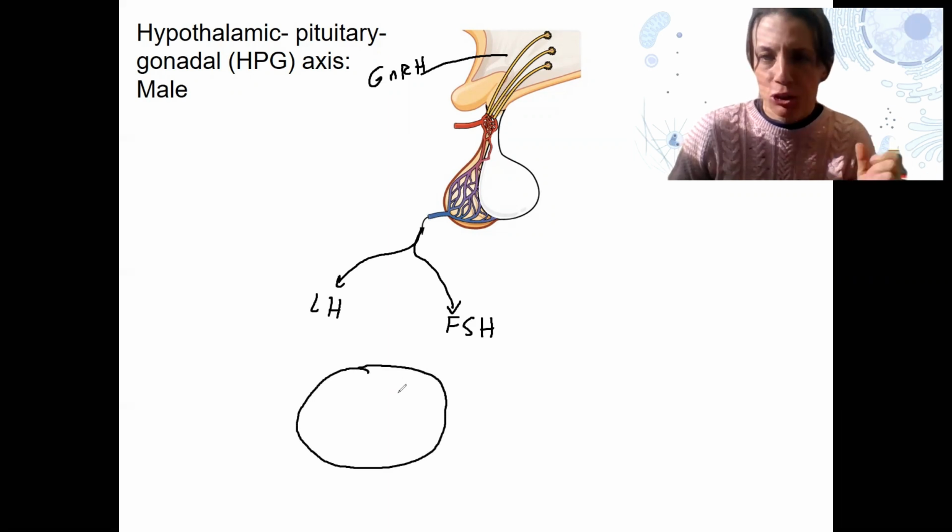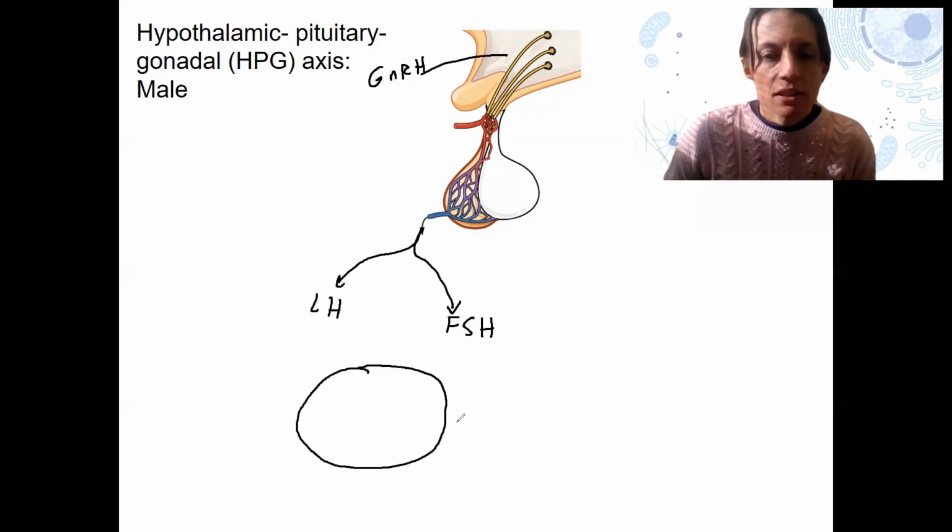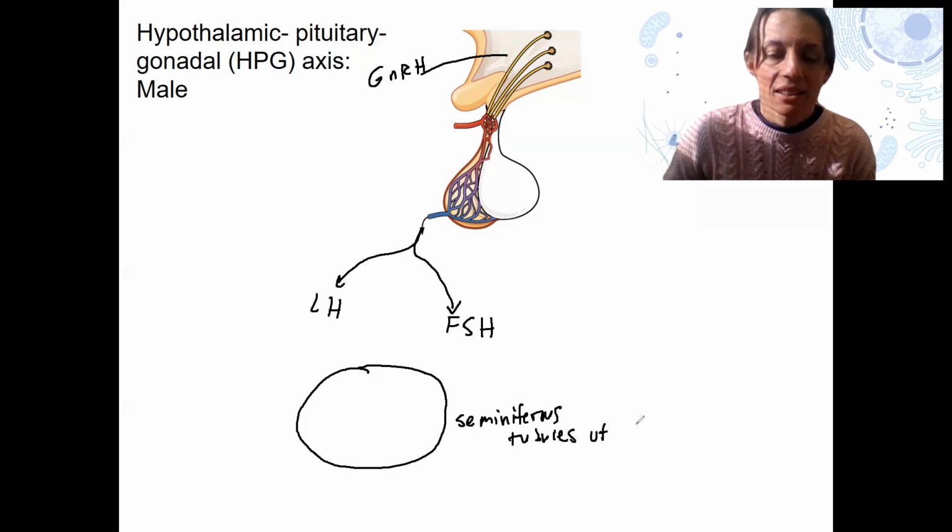This isn't actually a testicle or testis. This is a cross section of the seminiferous tubules. The seminiferous tubules of a testis. And you remember that there is this lumen in the middle, of course, it's empty space, and that's where the developed sperm end up.